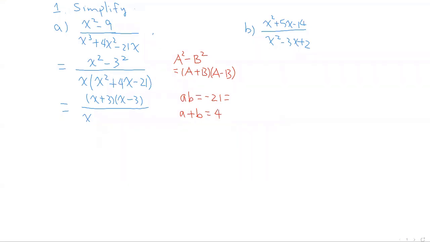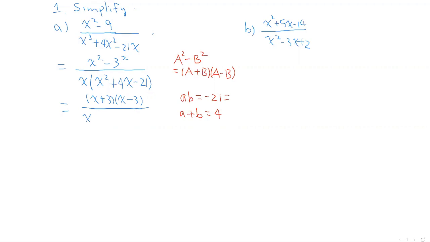So you try to find two numbers. The product is negative 21, so one is positive and one is negative. 1 times 21 doesn't work, right? No matter which one is positive or negative, the sum cannot be 4.